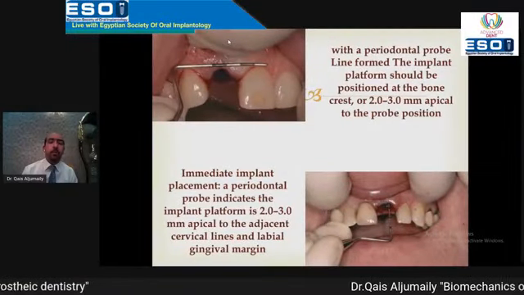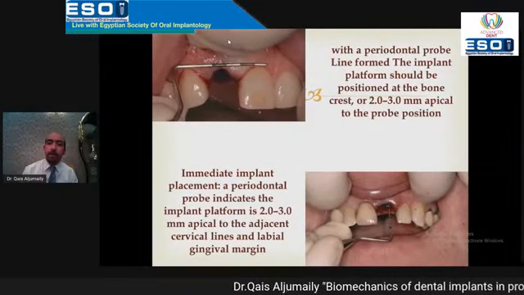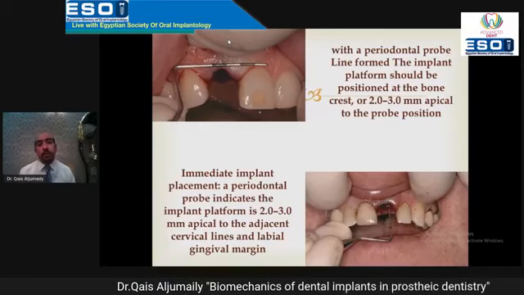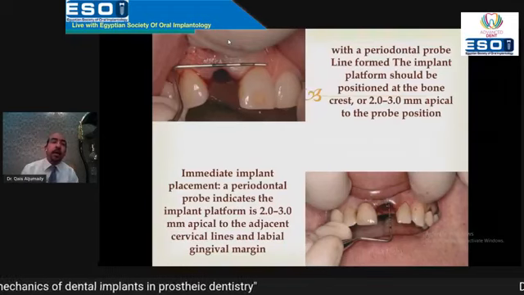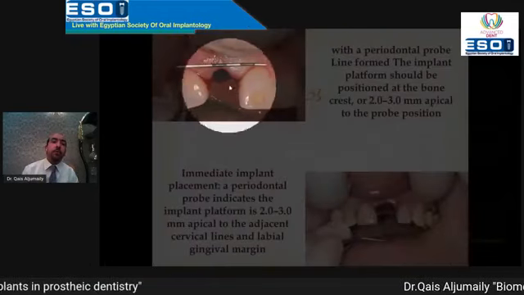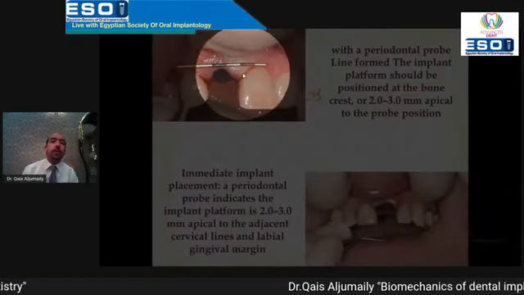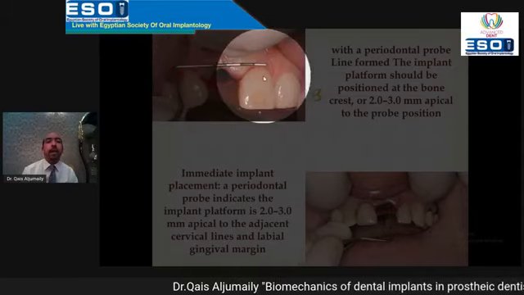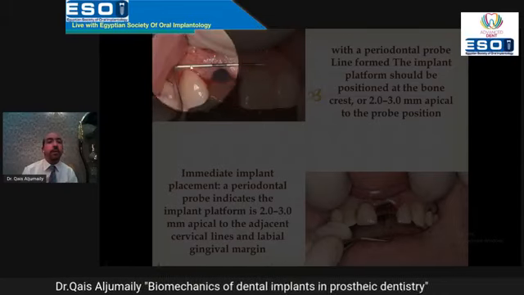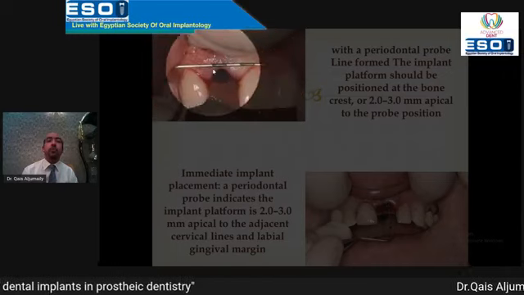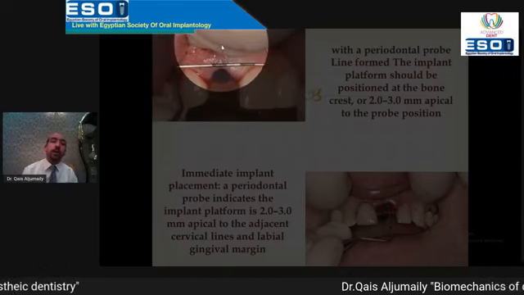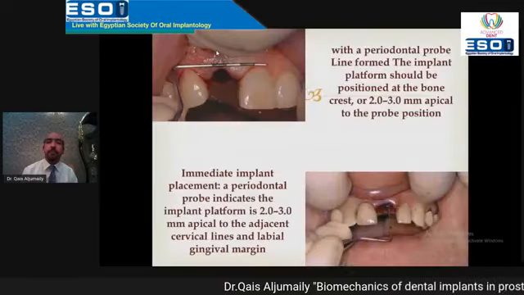We can use the periodontal probe to measure the depth of our drilling, the depth of the crestal bone, and also to check the mesiodistal clinical distance between the mesial and distal root and the line between the zeniths, and to know where to stop our implant placement.